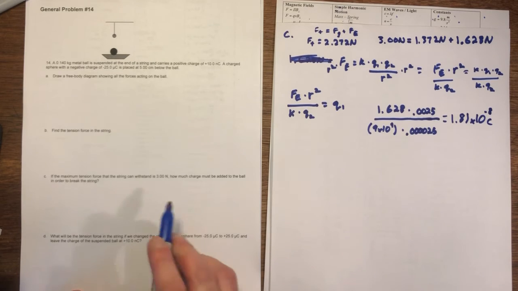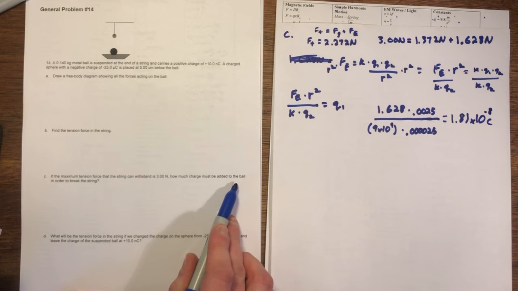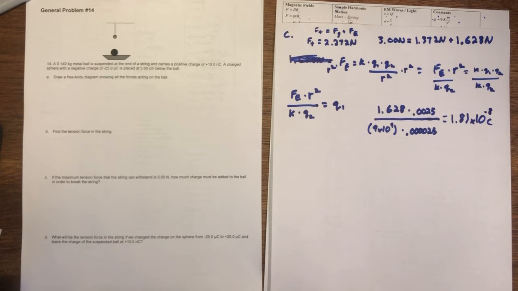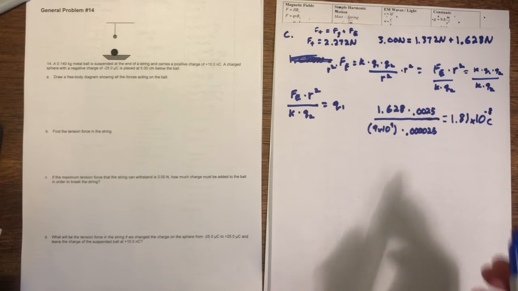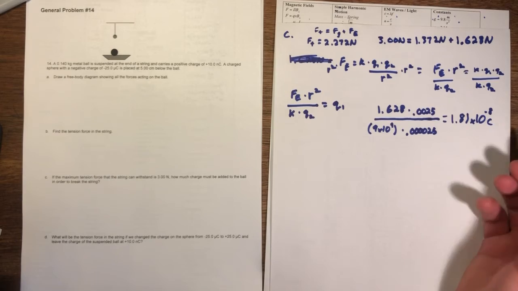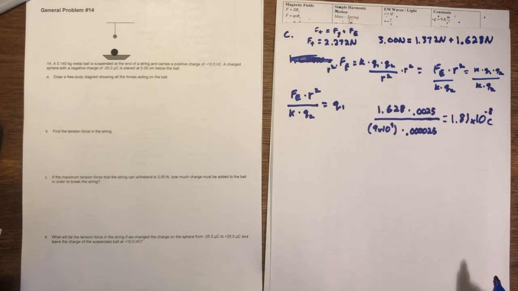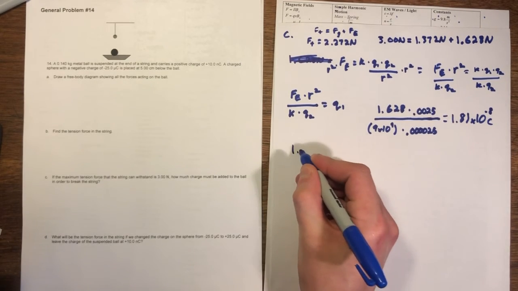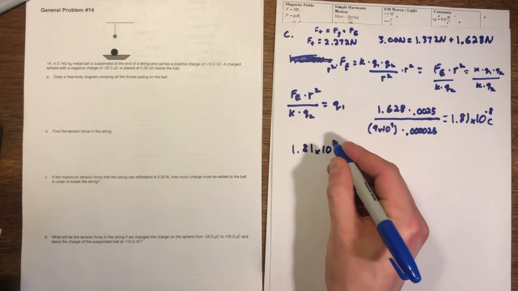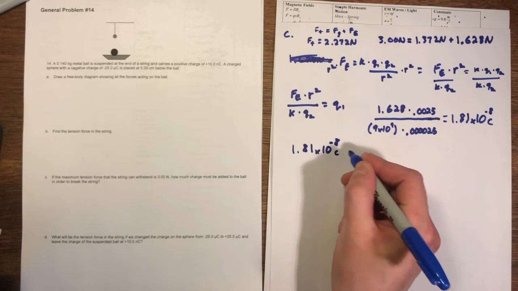However, it's asking how much charge must be added to the ball in order to break the string. This is where it gets a little confusing. So this is going to be the total charge needed to get to your 3 newtons of tension, 1.81 times 10 to the negative 8th coulombs.